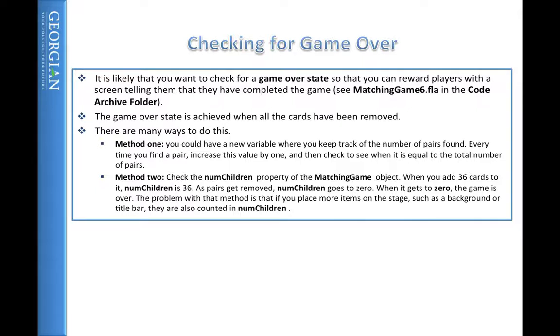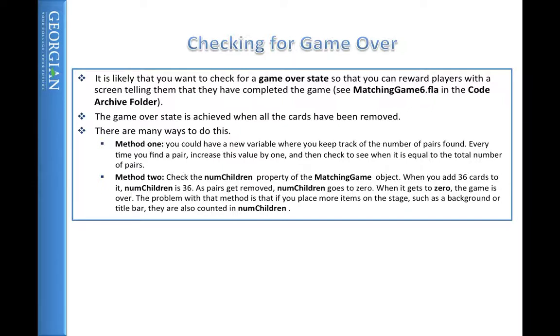Method two, you check the numChildren property of the matching game, right? Num children actually says how many sprites or movie clips are on the board. You can actually check to see how many there are. When you had 36 cards, the number of children is 36.